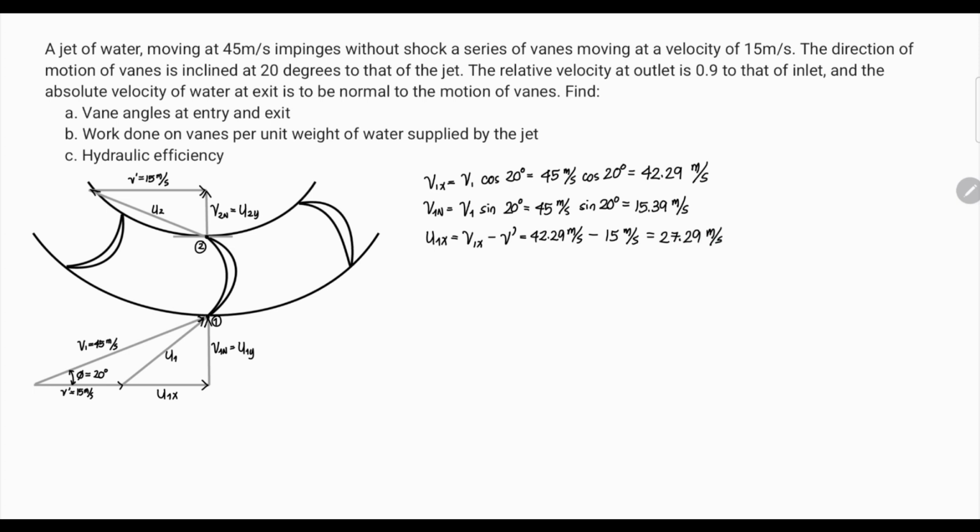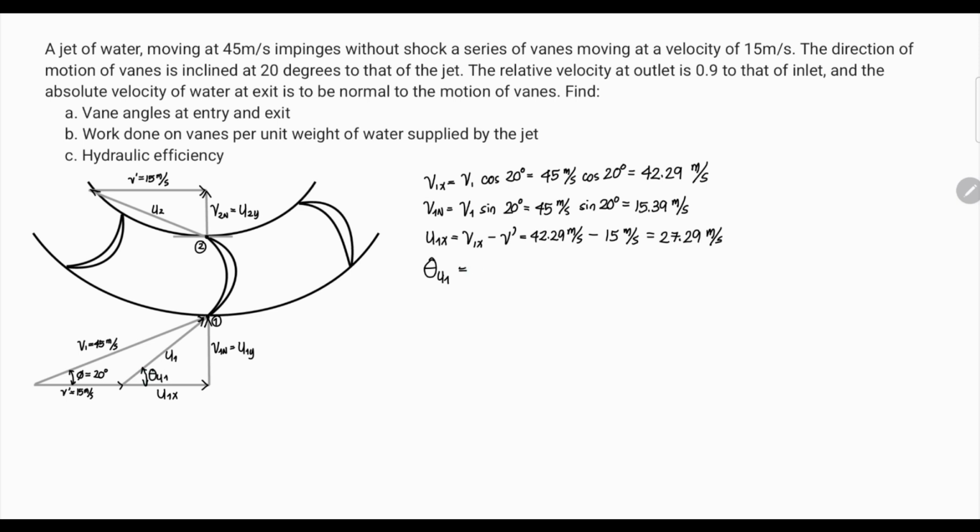Now to solve for the vane angle at entry, we need to use the tangent function. Using the tangent function, we can solve for theta u1. This is the angle. This is theta u1.